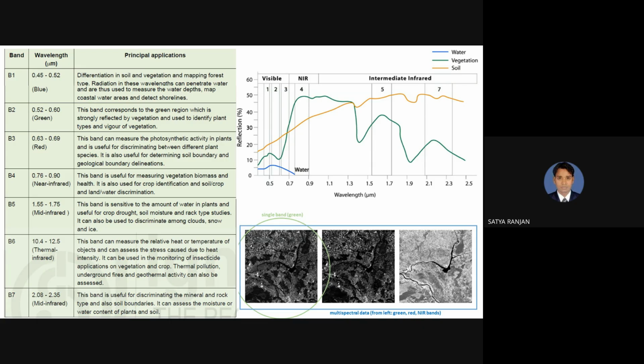That's why it is called the thermal infrared. For heat wave and urban heat mapping, I use the thermal infrared. Different Landsat data are also there for thermal mapping. Then the mid infrared band is useful for discriminating minerals and rocks.